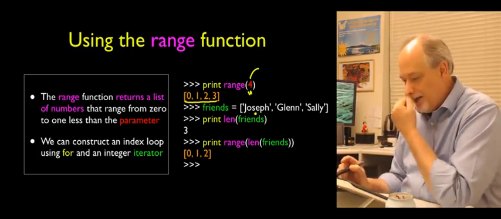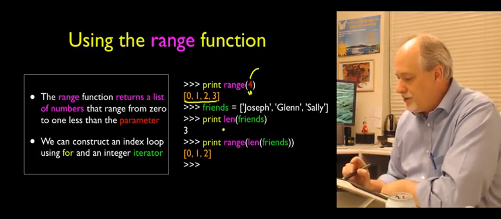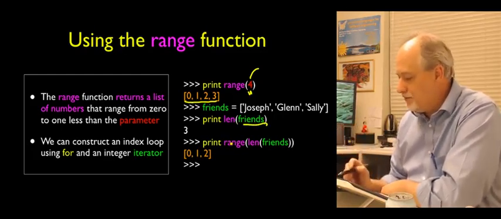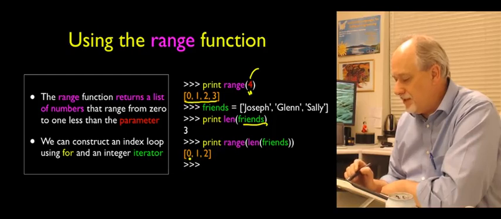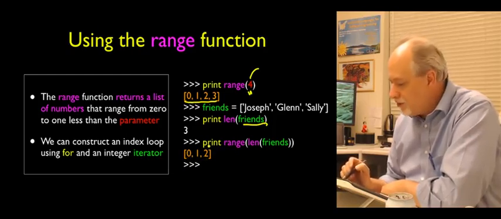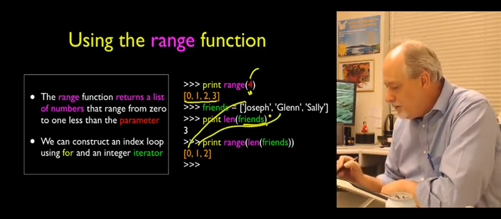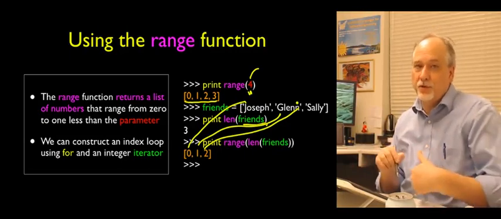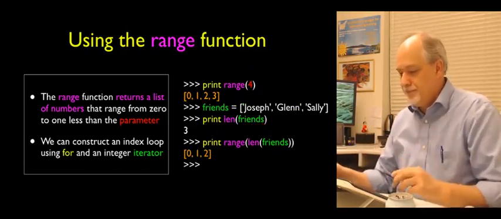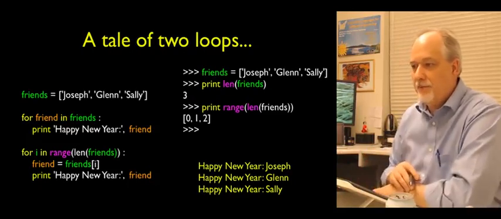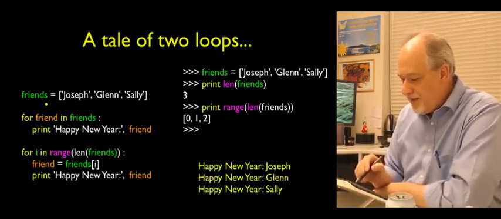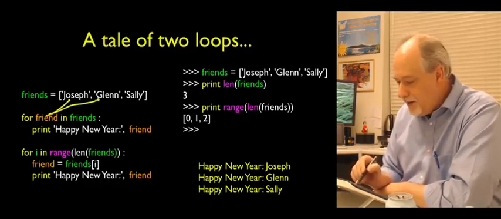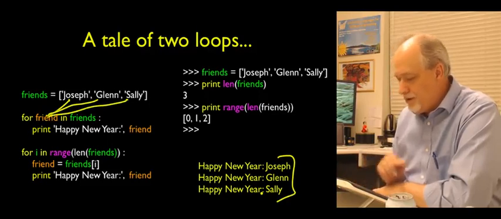So we can combine the len and the range to say, okay, len friends, that's 3 items, and range len friends is 0, 1, 2. And it also corresponds exactly to these items. So we can actually use this to construct loops to go through a list. We already have a basic for loop, right? We basically have a for loop that is for each friend in friends, and out comes Happy New Year, Glenn and Joseph.